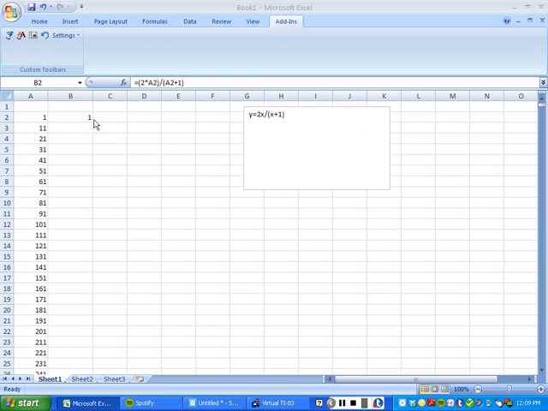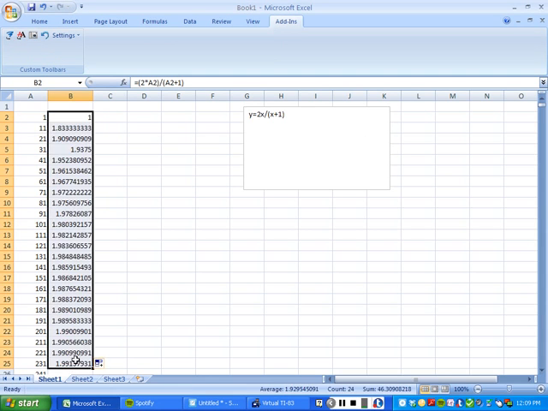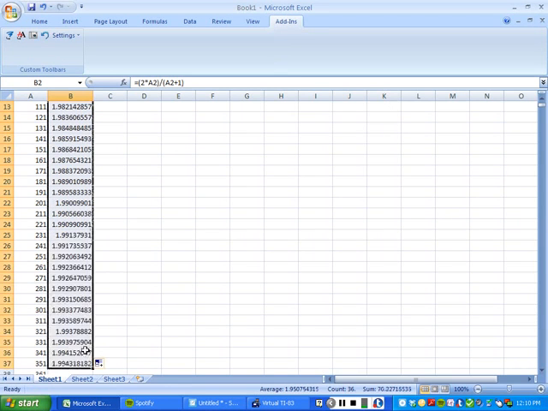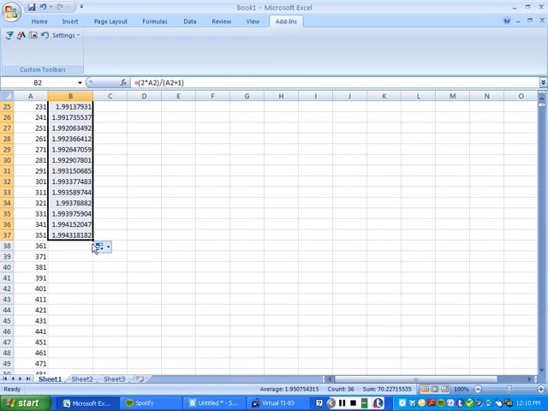Let's take a look. Starts off at 1, then it's 1.83, then it's 1.909, 1.935, and so forth and so on. What happens as x gets large? It's closing in on 2.